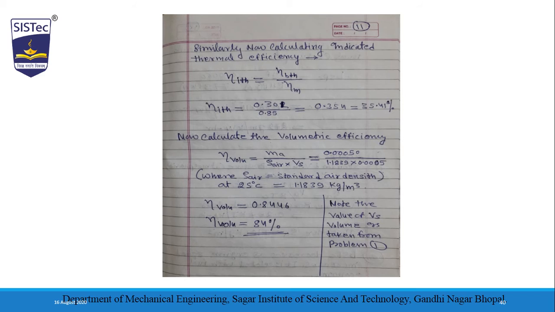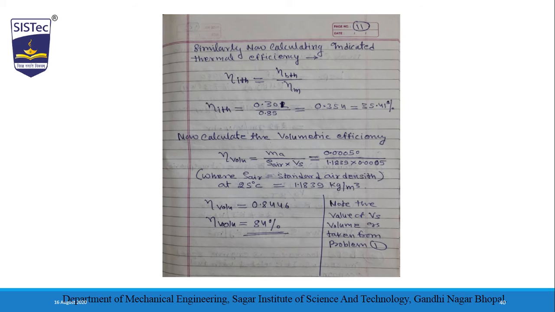Volumetric efficiency is the mass of air divided by the density of air multiplied by the swept volume. It shows the actual breathing capacity of the engine. After putting in the values, the mass of air is 0.0050 and for the density of air we take the standard value, that at 25 degrees Celsius the density of air is 1.1839 kg per meter cube.